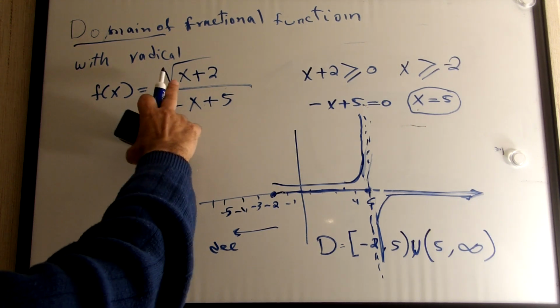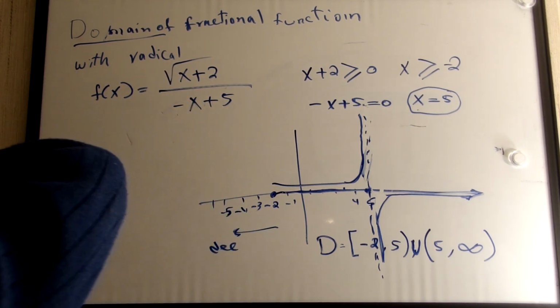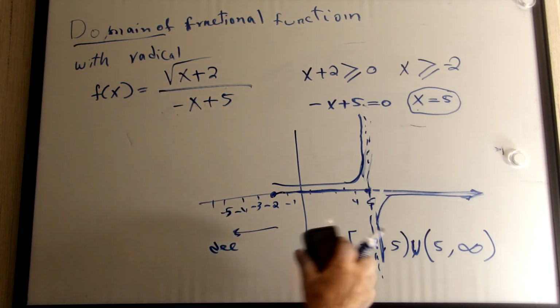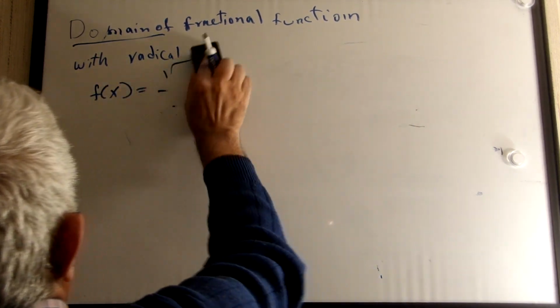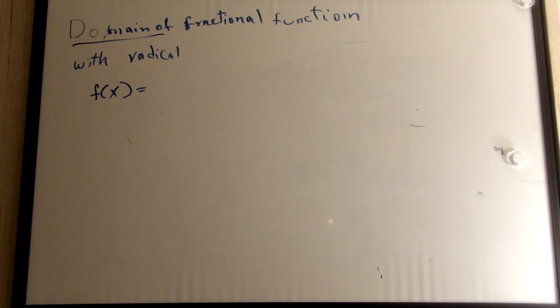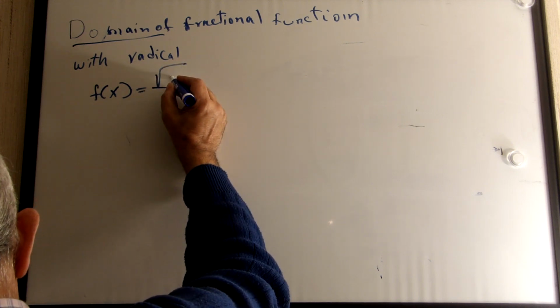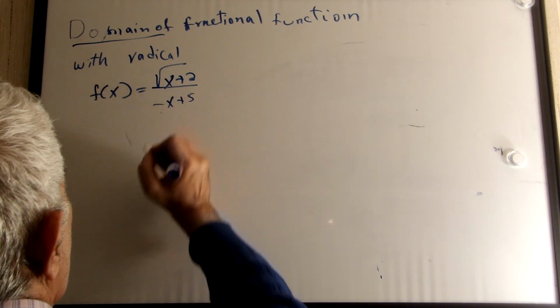So we talked about one in the denominator, the square, the radical function, and one in the denominator and one in the numerator. Let's find a lot of other examples. So the last one we were talking about was x plus 2 over minus x plus 5.